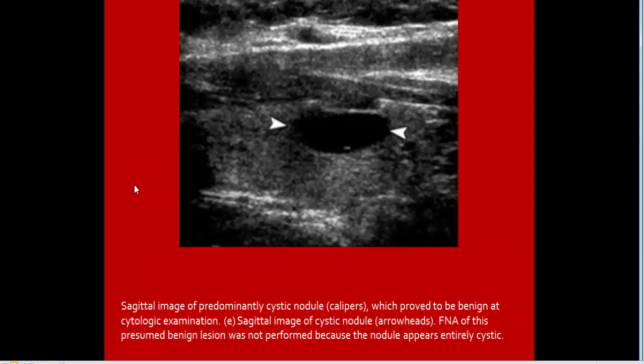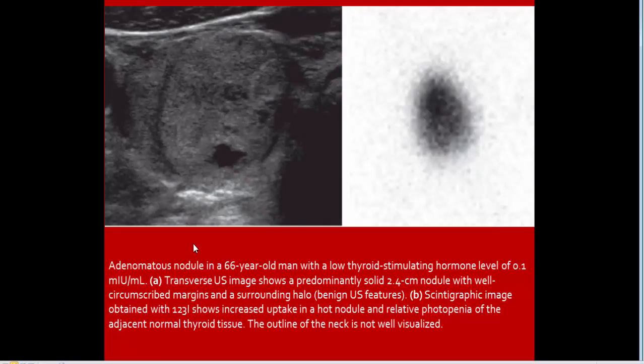This is a sagittal image of a predominantly cystic nodule, proved to be benign, and this is a benign lesion. This is entirely cystic. This is an adenomatous nodule, low thyroid stimulating hormone, level 0.1. Transverse ultrasound image shows a predominantly solid 2.4 cm nodule with well circumscribed margin and surrounding halo, a benign ultrasound feature.